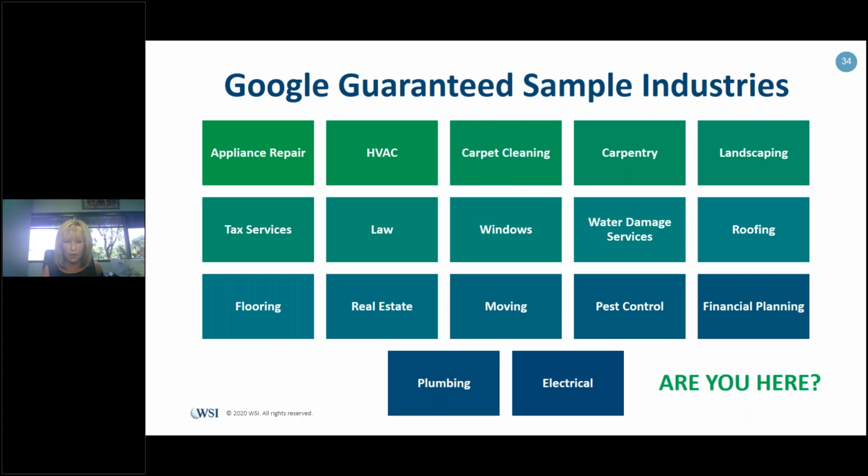They give you the first opportunity to work out that problem with your customer, but Google is saying, I will back you up as a business and I will reimburse up to a certain amount if you have a problem. So it's another reason why, if your business is in one of these industries, you should consider applying for Google Guarantee.